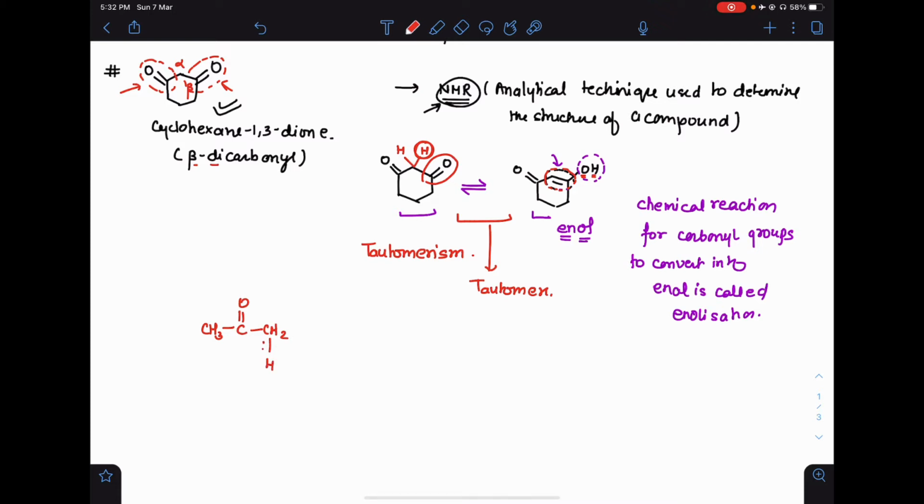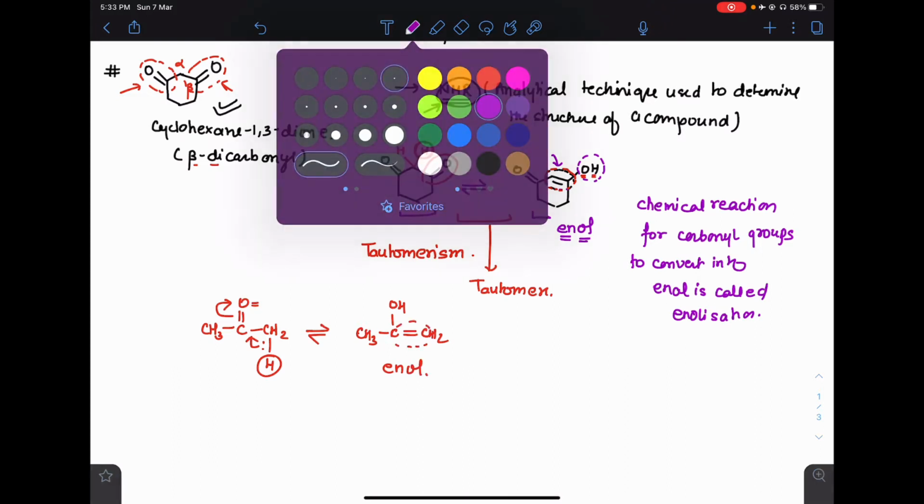The enol form of this is also possible. These electrons will shift here, the pi electrons will shift towards oxygen, and this H plus will go to this oxygen, and you will have CH3, C-OH double bond CH2. So this again, you can see, is the enol form, an alkene and an alcohol group.